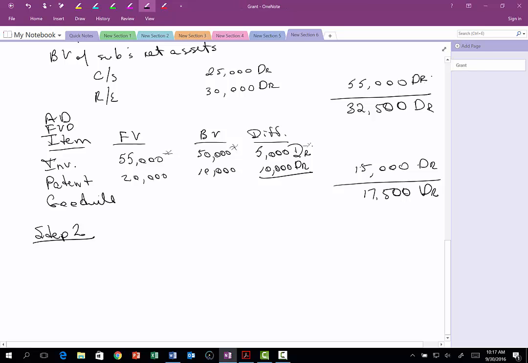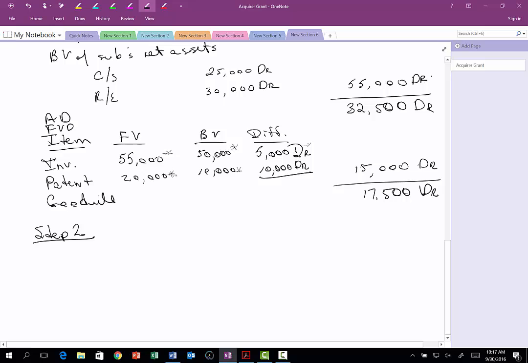Same with actual amortization of the patent, the intangible asset. The intangible asset is recorded on the sub's books and records at 10,000. When we consolidate, we of course are in fact considering that patent to be valued at 20,000.